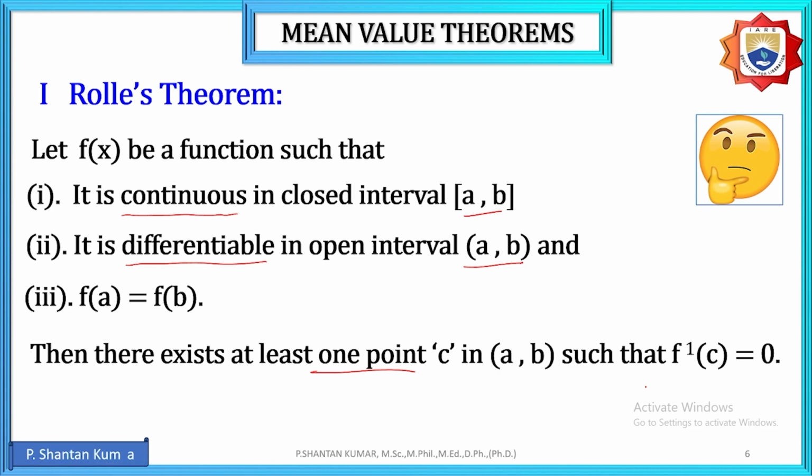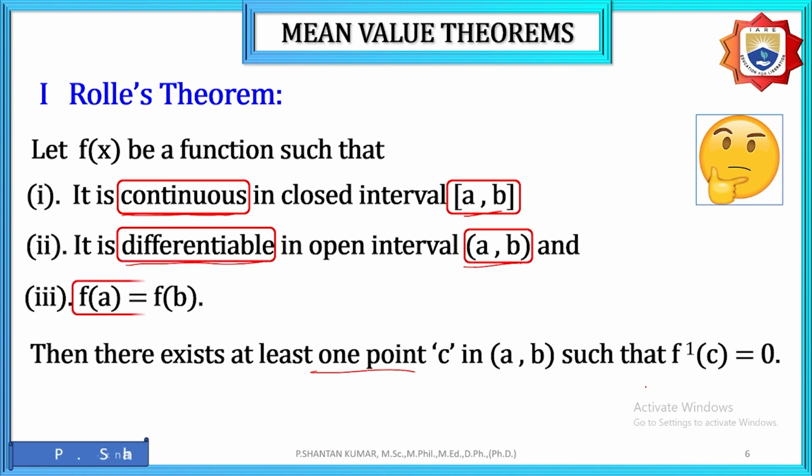Then there exists at least one point c belonging to a comma b such that f dash of c is equal to 0. These are the conditions required for Rolle's theorem.